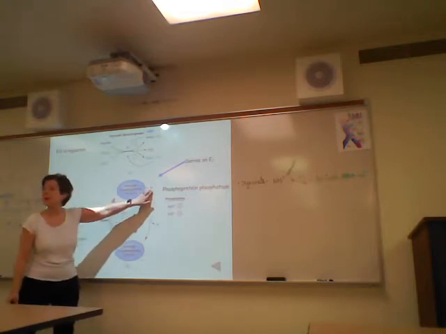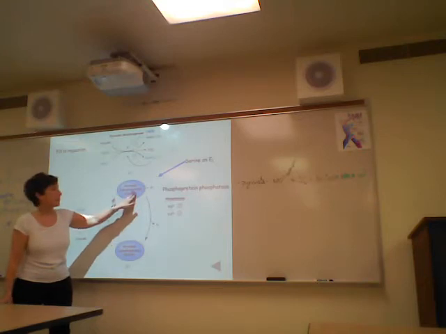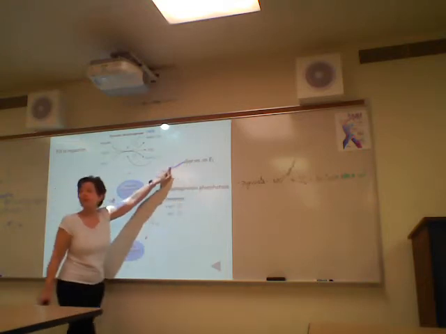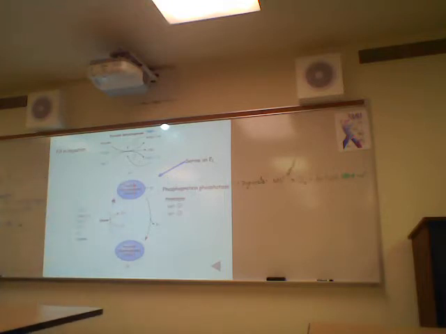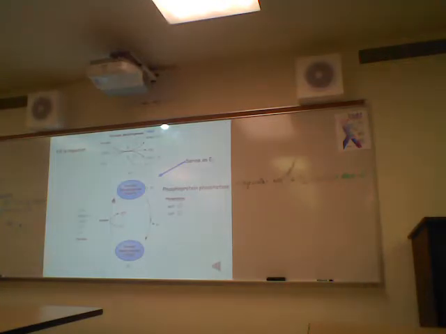Right, as soon as you phosphorylate it, now you're inactive. The phosphorylation is on the serine of E1. Which means, where is the serine? Remember the side chain for serine is an alcohol.